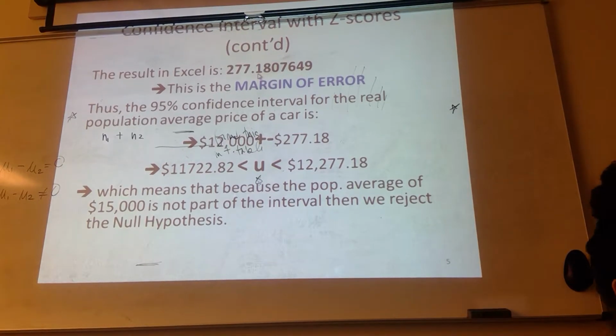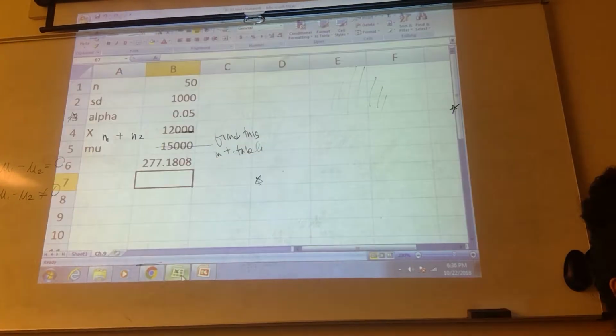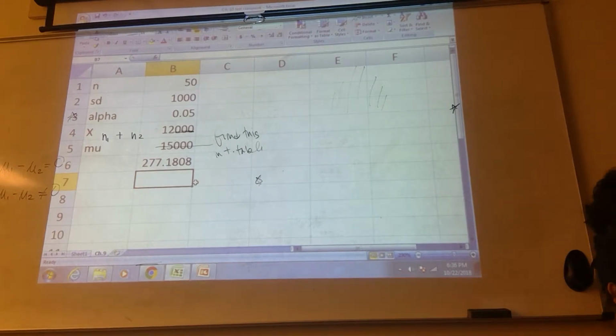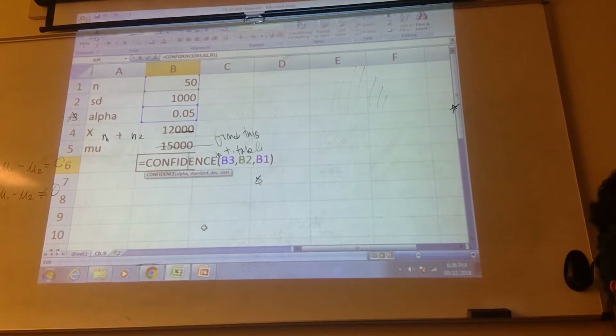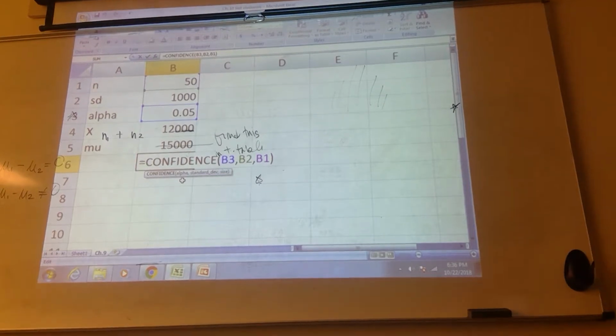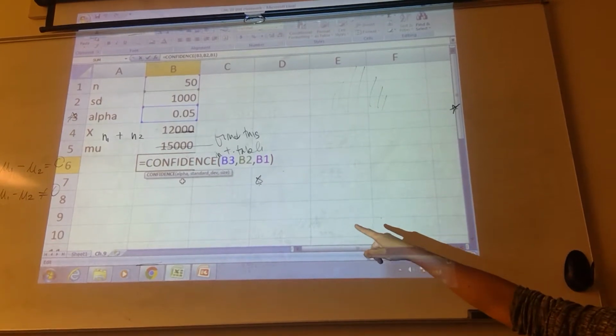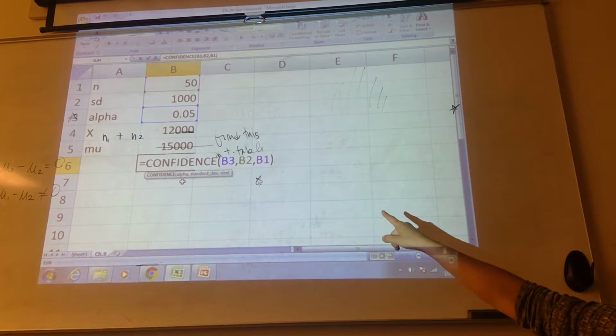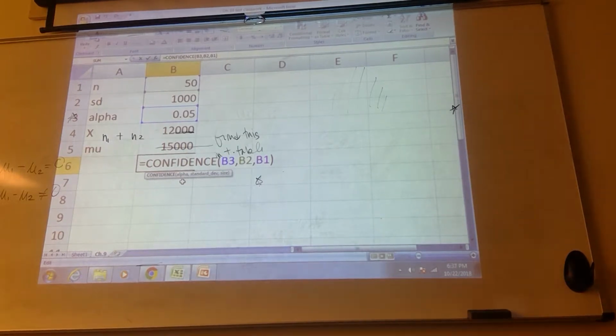Can you do it one more time? How did you do it? Is equal to CONFIDENCE and what data? It tells you right here, see this little thing under here? It tells you alpha, standard deviation, and the size.